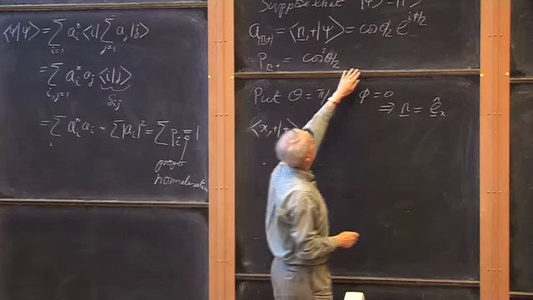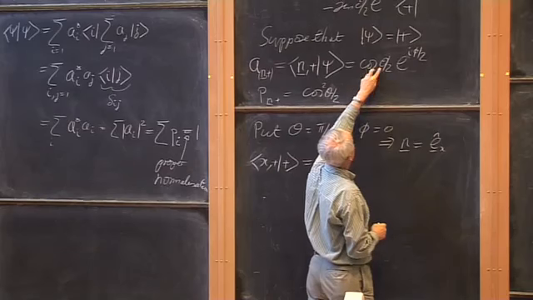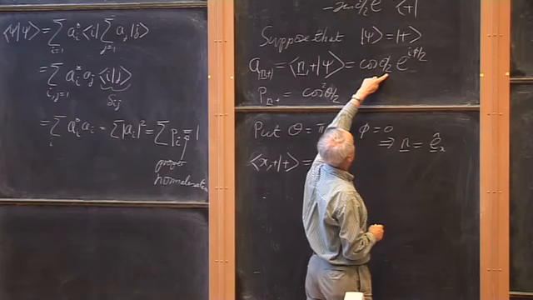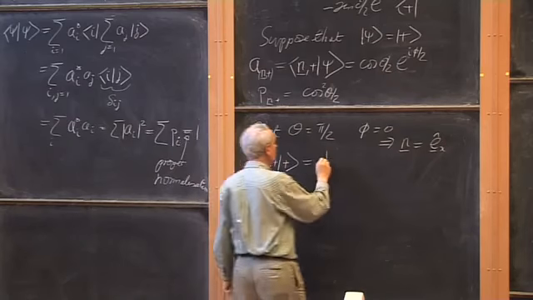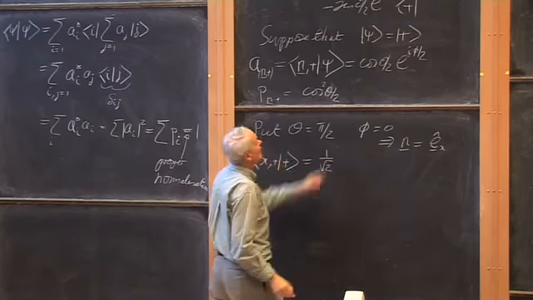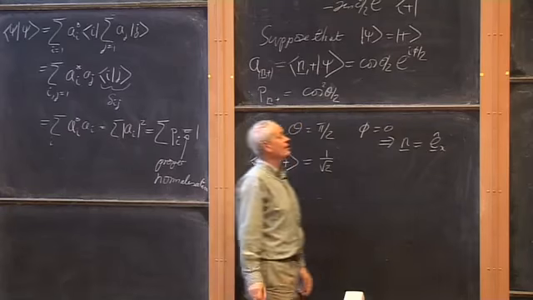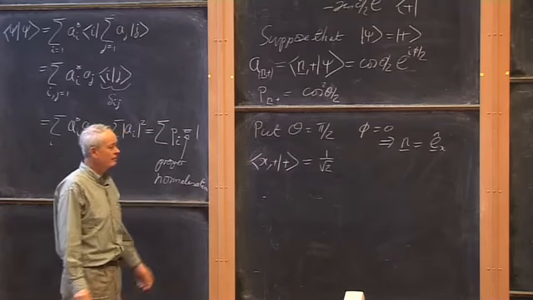Then I'm looking at cos pi upon 2 upon 2. So cos pi upon 4, which is 1 over root 2, and I have an e to the i nothing, e to the nothing, so that's just that, right?